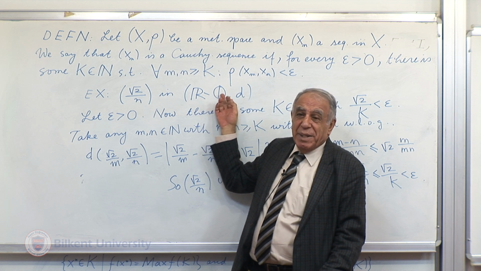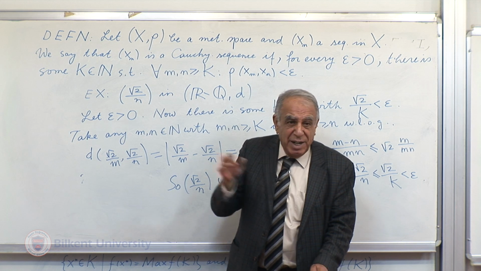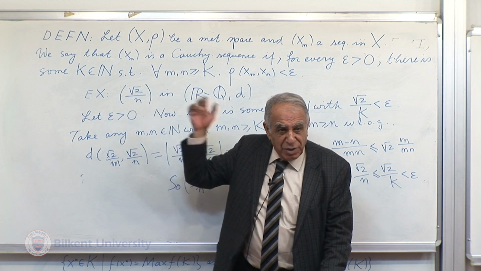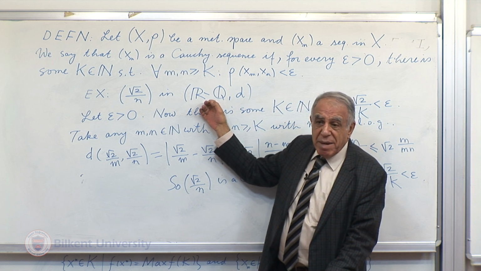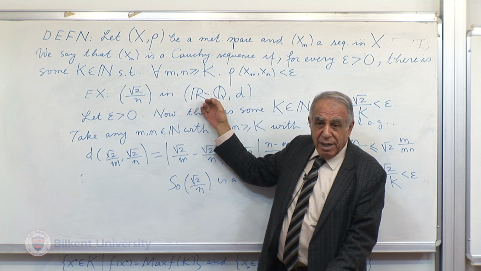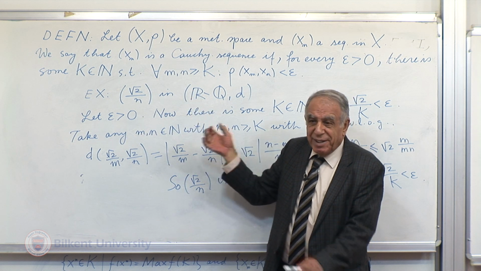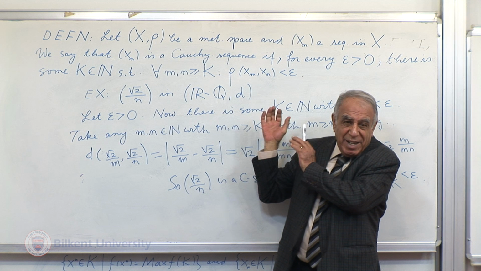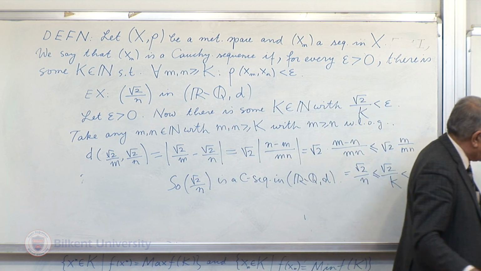There is no member in here. Although they get closer and closer to each other, the sequence is not convergent since there is the lack of a member in this set to which they all commonly get closer. So it's incomplete. Something is lacking. So that's why the name complete space comes.